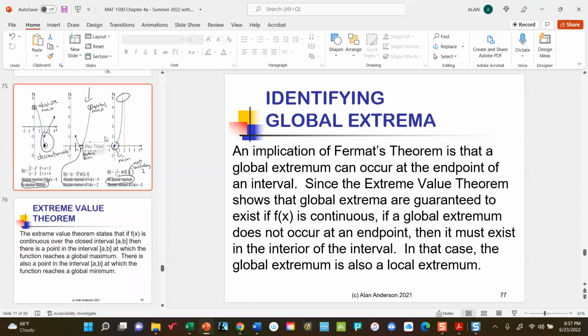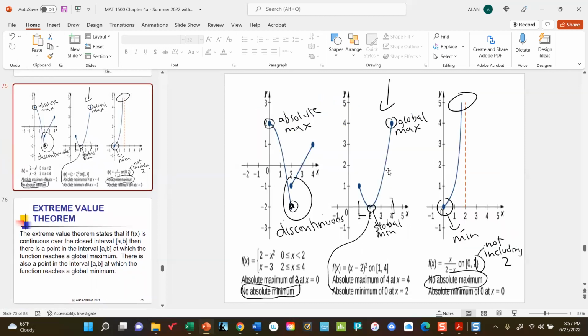Now, all of that is telling us this. If you look at this function right here, the one in the middle, we know that the extreme value theorem holds because the function is continuous throughout this closed interval from 1 to 4. It therefore has a global maximum and minimum. But if you notice, the global minimum does not occur at an endpoint. This one does. Okay, so this global max, because it occurs at the endpoint 4, is also a local max. Sorry, I got that one backwards.